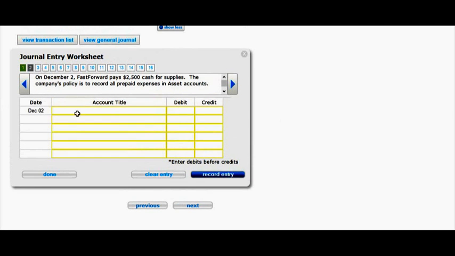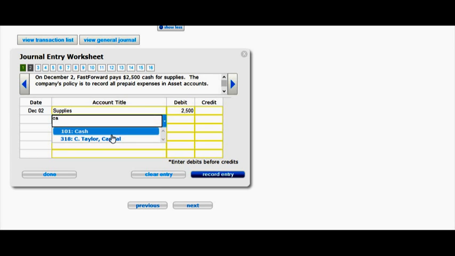The next one, number 2, on December 2nd, Fast Forward pays $2,500 cash for supplies. The company's policy is to record all prepaid expenses in asset accounts. They're buying supplies, so supplies will increase by $2,500. It's an asset, so it increases on the debit side.